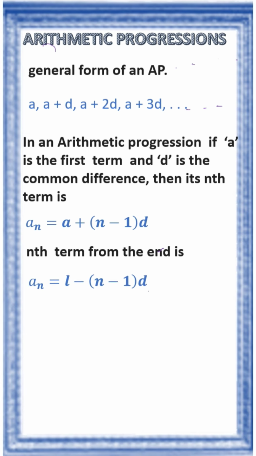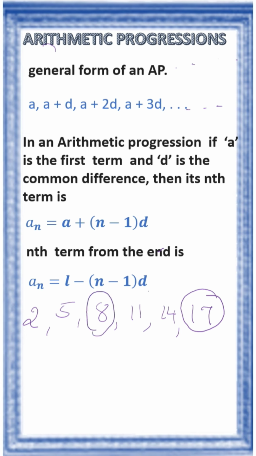For example, if you are given this sequence 2, 5, 8, 11, 14, 17, the last term is 17 here. From the end, you may be asked to find the fourth term.